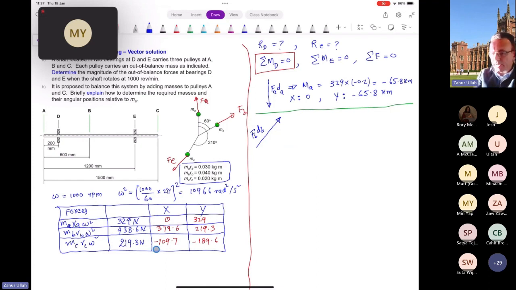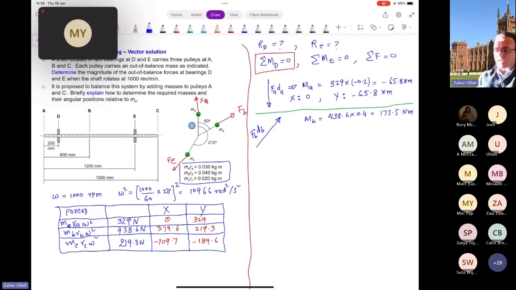So you can calculate this MB, which will be 438.6 times 0.4. So this will be 175.5 Newton meter, because it's a moment, so it's a Newton meter.